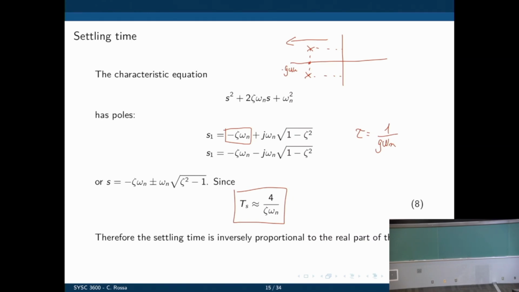The settling time is 4 times the time constant, and the time constant is 1 over the real part of the pole. So the settling time is inversely proportional to the real part of the pole. The farther we are from the imaginary axis, the faster the system reaches a steady state. Okay. All good? Yeah.